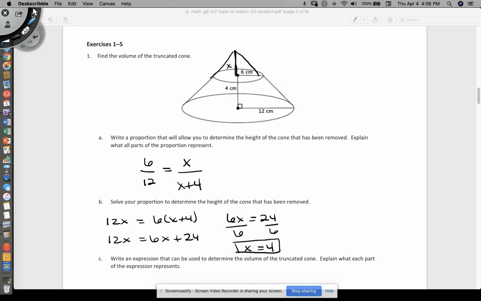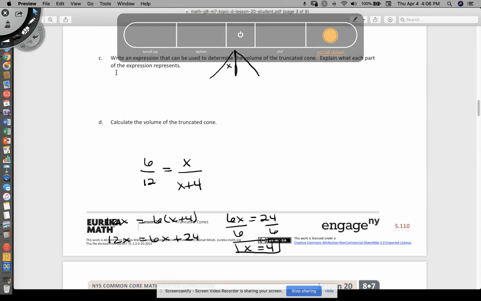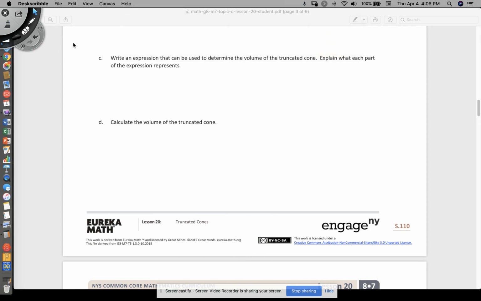Now, the next one says write an expression. This might be the hardest part for some of you, is how do you put this all together? You're good about breaking it up into the small and the large, but what does it look like all together? So we know that we need to find the volume of both cones, the small one that's been truncated off, and then the larger one.